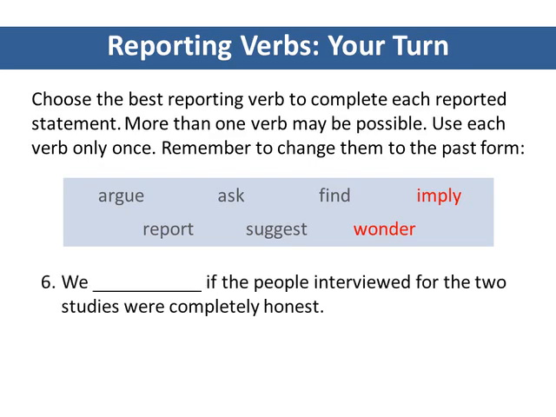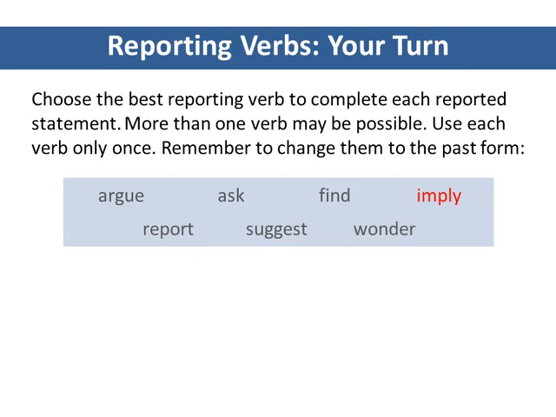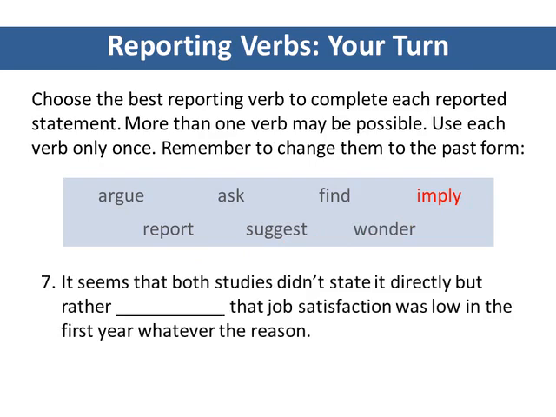Number 6. We wondered if the people interviewed for the 2 studies were completely honest. Number 7. It seems that both studies didn't state it directly, but rather implied that job satisfaction was low in the first year, whatever the reason.